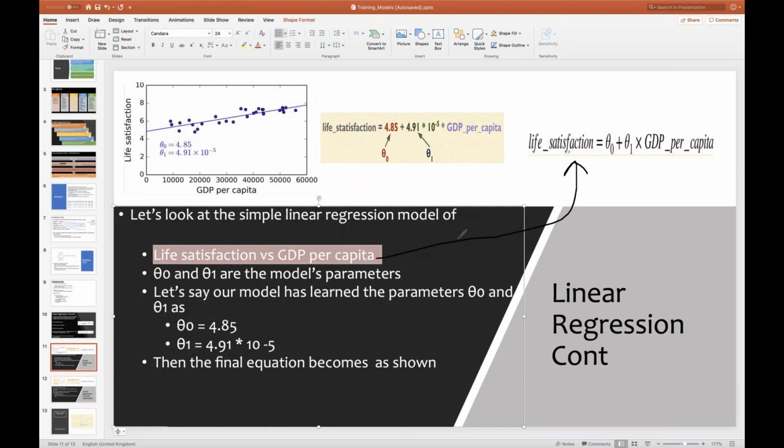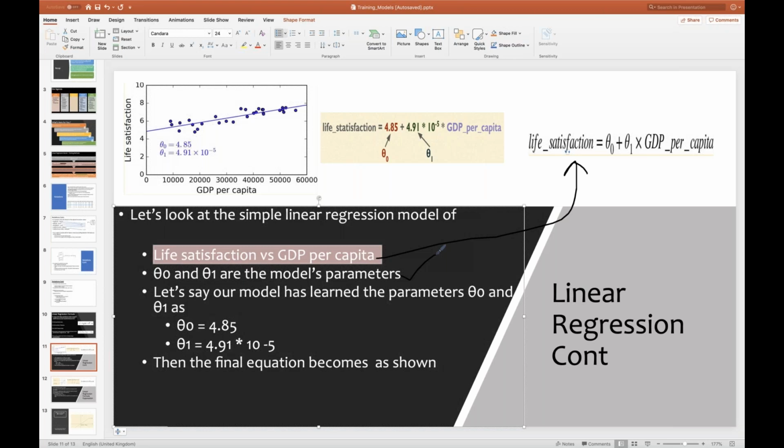Now, theta 0 and theta 1 are model parameters. You can ask me what the heck is a model parameter. I have very clearly explained that a model parameter is the value the model assumes and tries to run on the instances and label vectors to give you a final result.